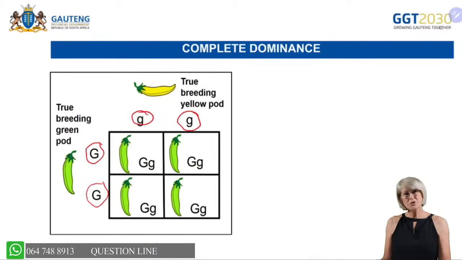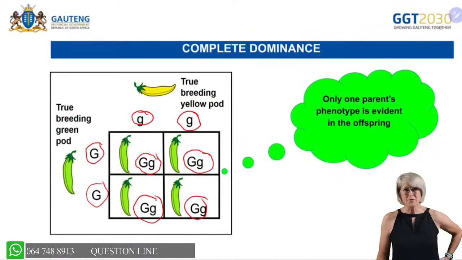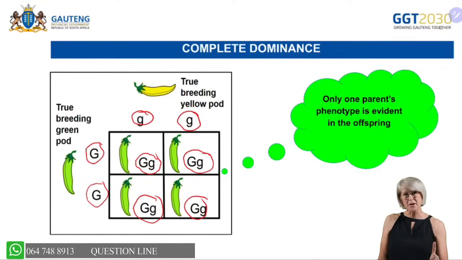So in the first generation, in the F1, we're going to find all our offspring are heterozygous, but because they have the dominant allele, they will then all have the phenotype or the physical characteristic of the one parent. So then only one of the parents' phenotype is visible in the offspring. So that's how you remember complete dominance. Only one parent's phenotype is visible in the offspring.